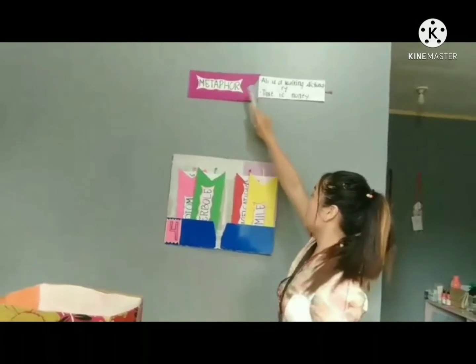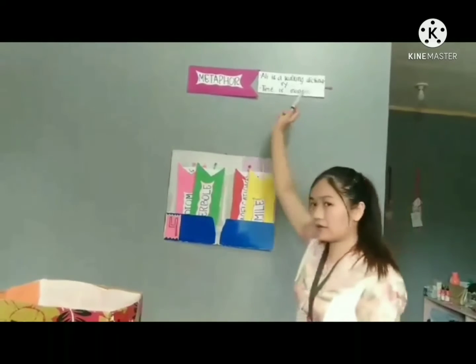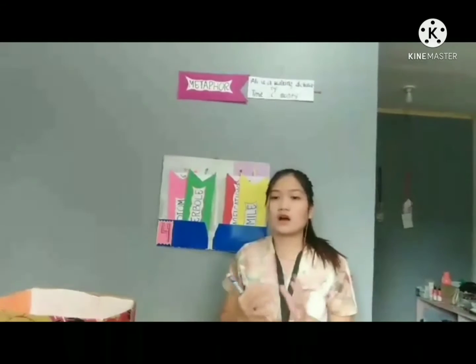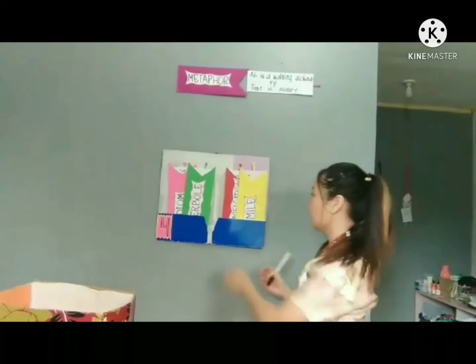Another example of metaphor is, time is money. Again, of course, we know that time isn't literally money. It describes how valuable time is, as I'm comparing it to money, which of course we know is very valuable.